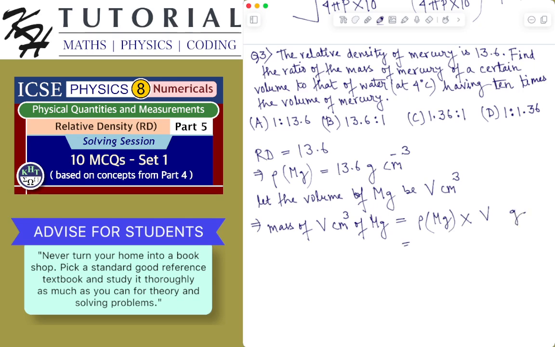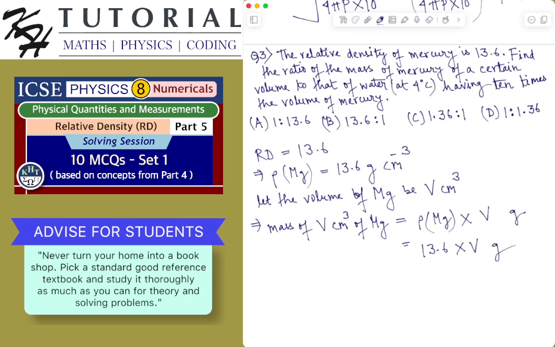Now the density of the mercury is 13.6 gram per centimeter cube, so putting in the value, this will be 13.6 multiplied by V gram.